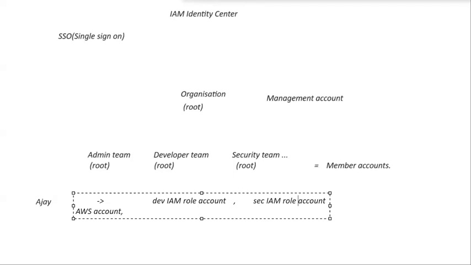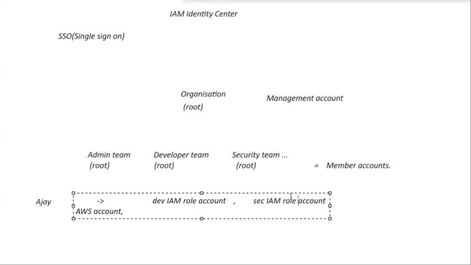IAM Identity Center. In this way, Ajay can eliminate remembering the developer IAM role account credentials as well as the security team IAM role credentials. You don't even need to remember.